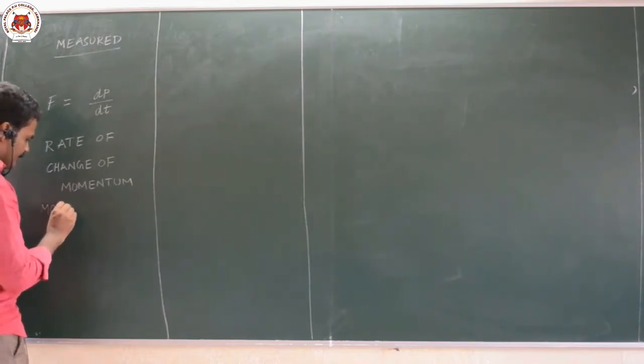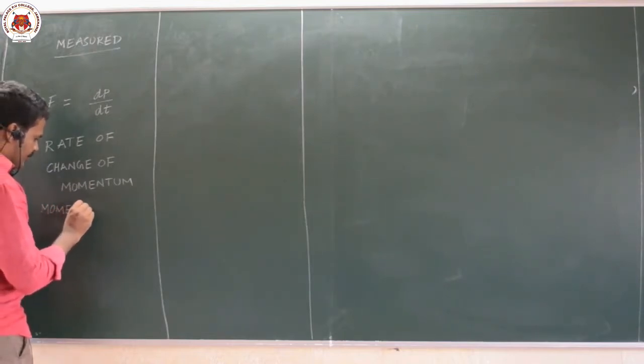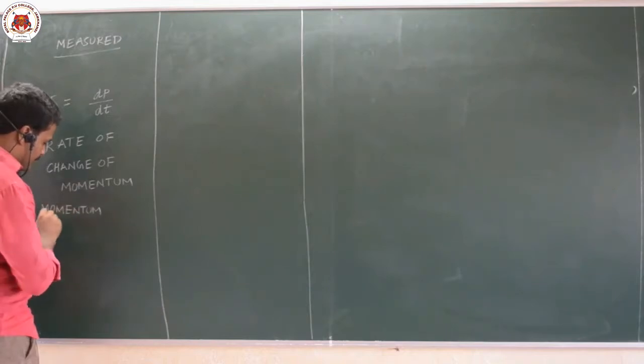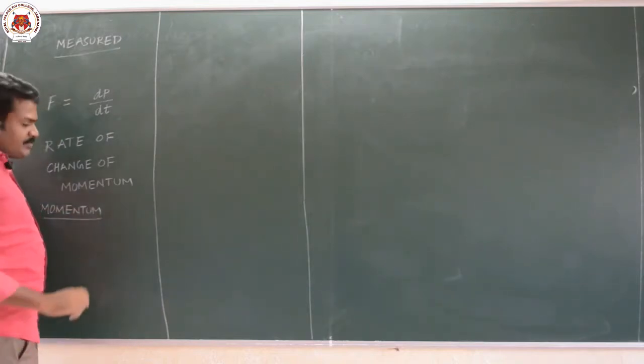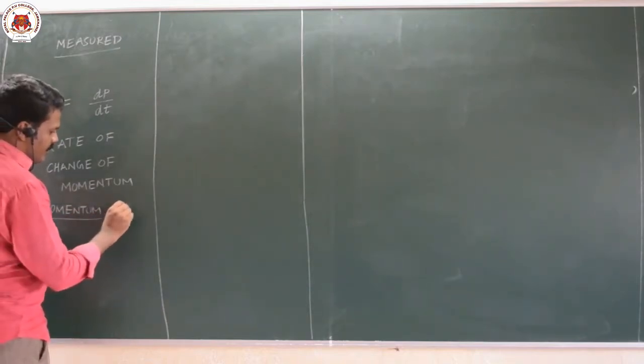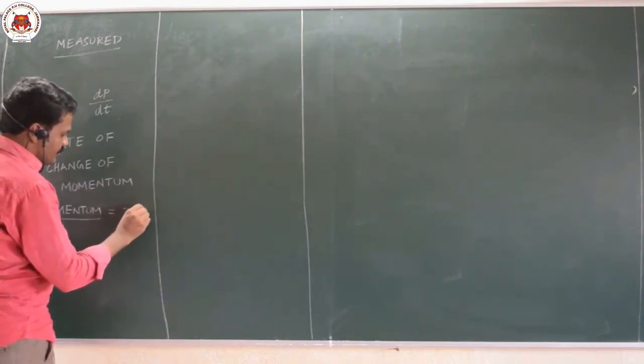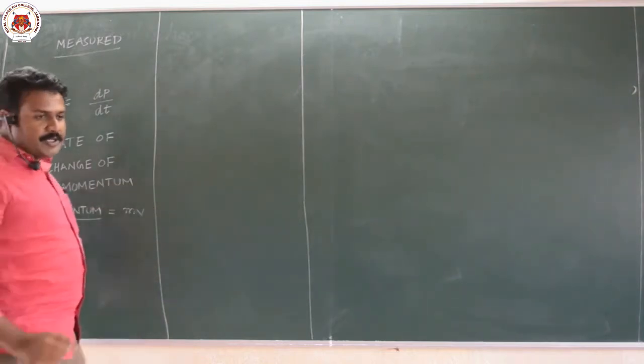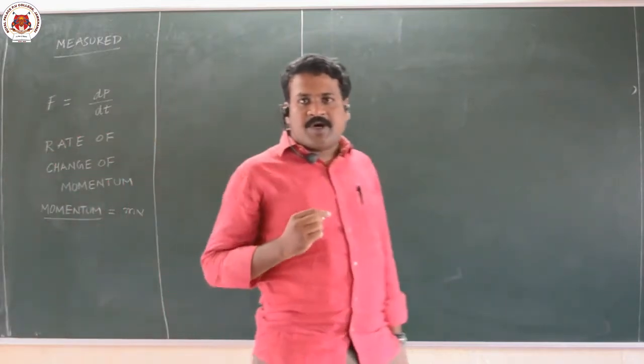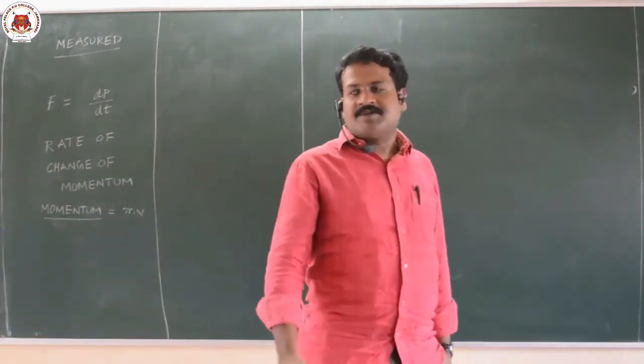Momentum is a physical quantity which is the product of mass and velocity. If you multiply the mass of the body with its velocity, we will get momentum.